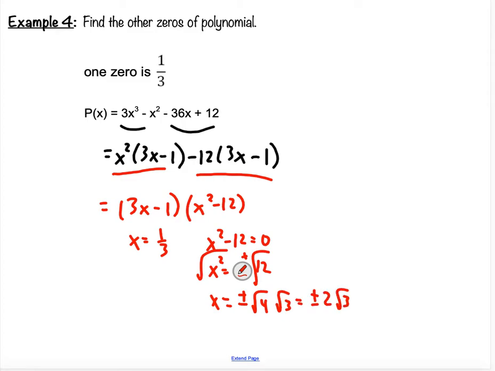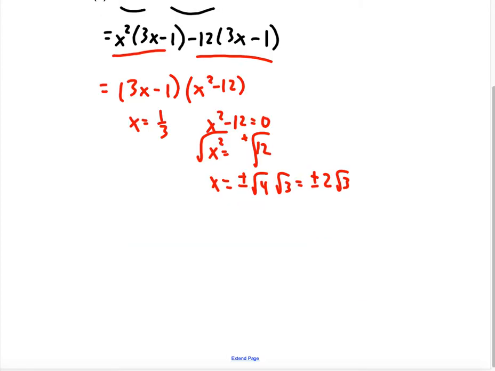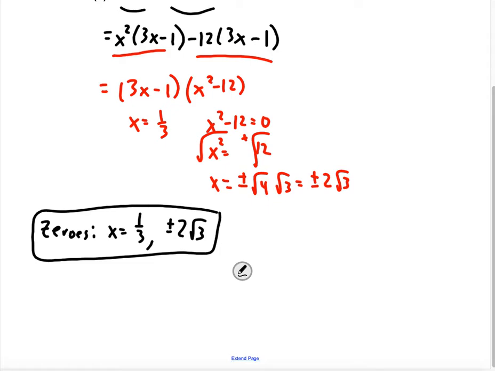The square root of 4 there is simply 2, so we're left with plus or minus 2 square root of 3. So let's list our zeros here. One-third, plus or minus 2 square root of 3.